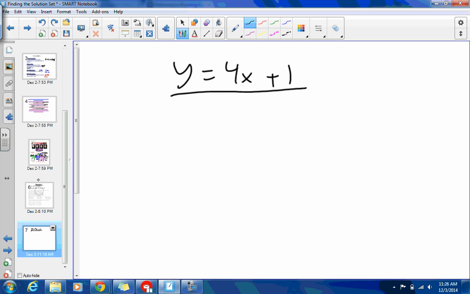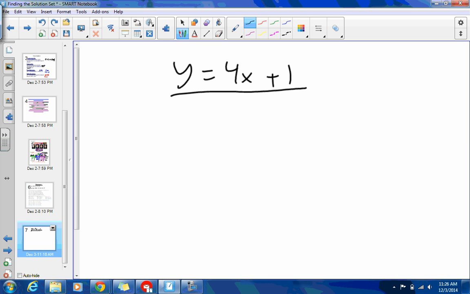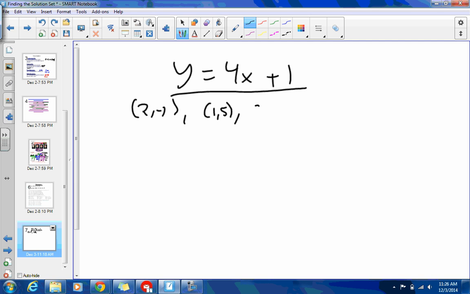You have your replacement set of 2, negative 1, 1, 5, 9, 2, and 0, 1. Lots of commas. There's our replacement set. You've got to take each one, break it down, and find which ones are true.